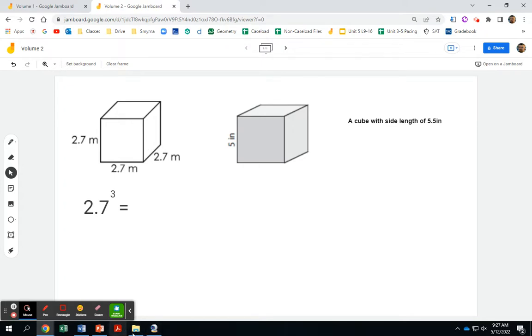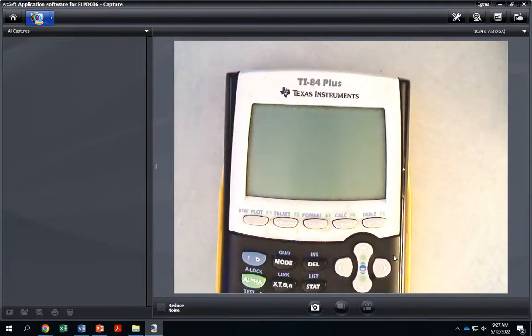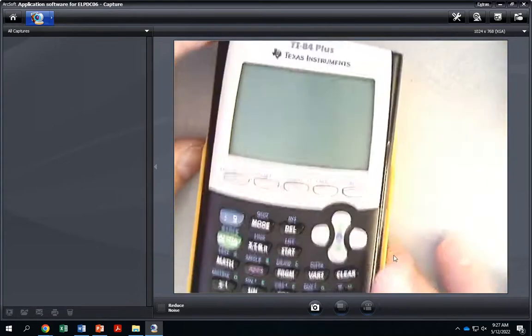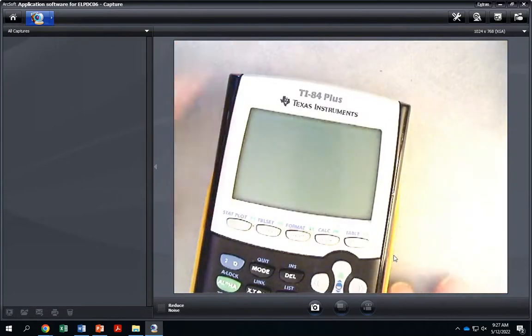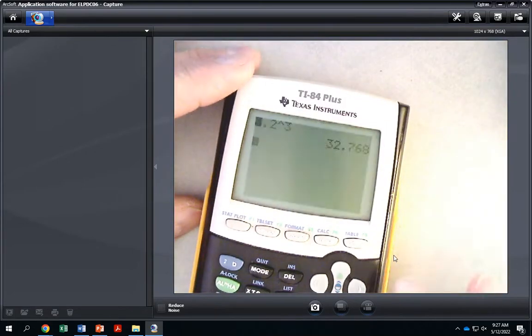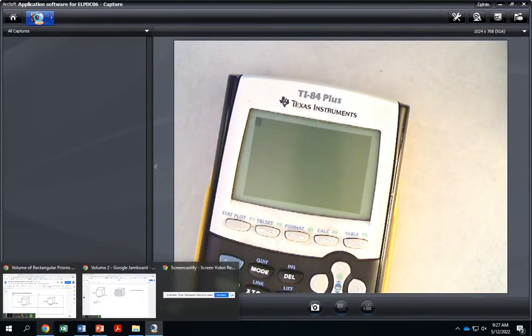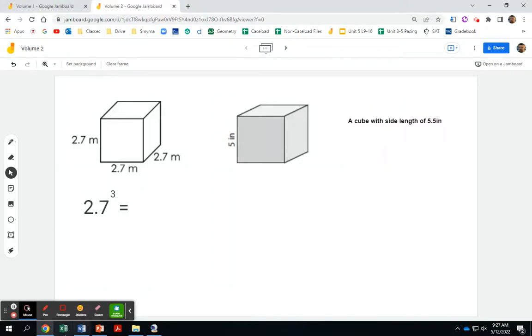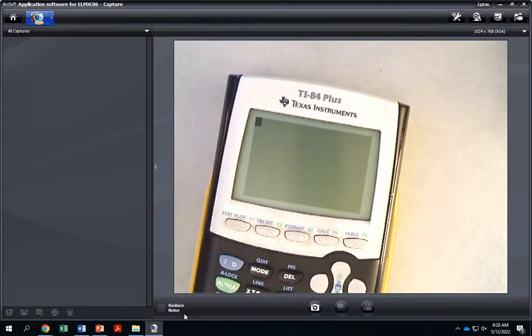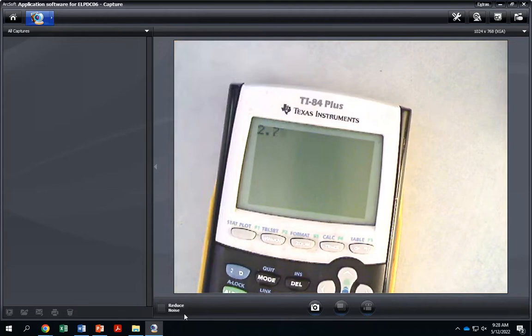All right, get your TI-84 Plus calculator out. We're doing 2.7 cubed. You put 2.7 in there, and then you press this key right here.